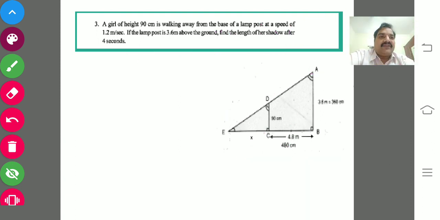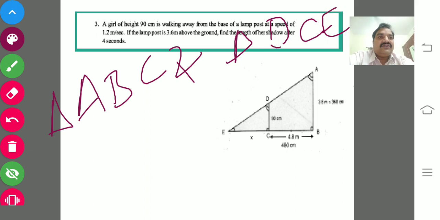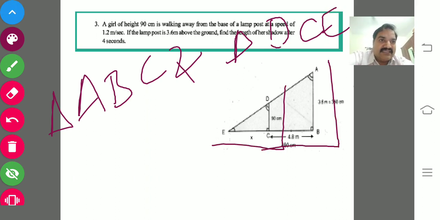After getting the similarity, you go triangle ABE, triangle DCE. The way you write it should be exactly ABE, DCE.